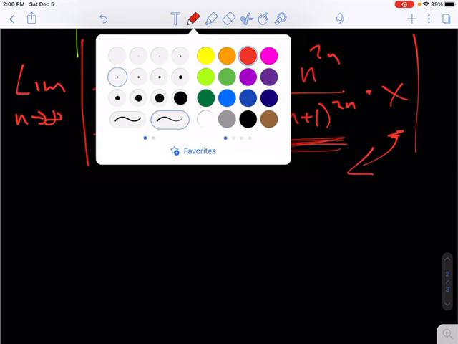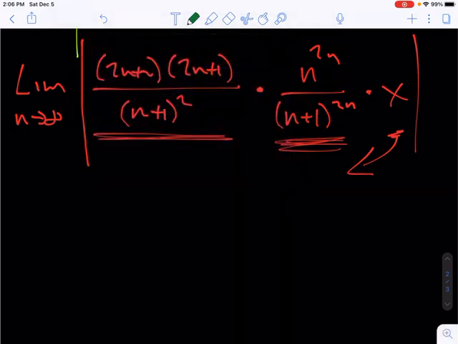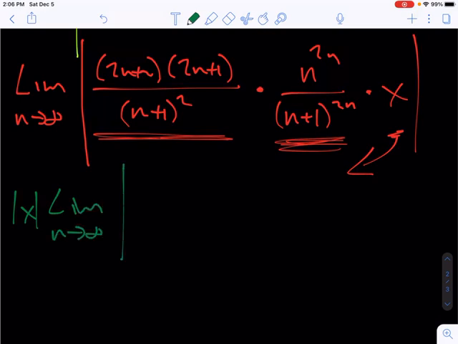what I want to do, let's go dark green. I haven't used that. Now the limit of a product can also be rewritten according to our limit rules as the product of the limits. So first of all, let's bring out the x times the limit as n approaches infinity of the first term. Now multiplying these two terms together, we will end up with 4n squared plus 6n plus 2, and then expanding that binomial, we have n squared.